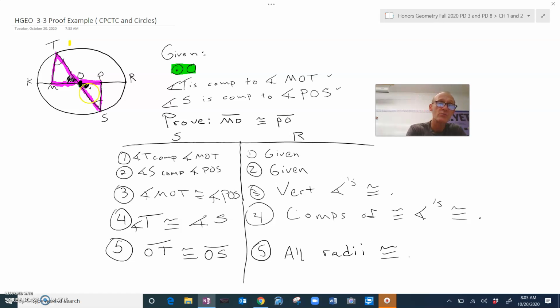Now we can put our tick marks up here, and now we can get the triangles congruent. So 6 is triangle MOT, I'm just using the angles up here, congruent to triangle POS. And that is angle side angle.